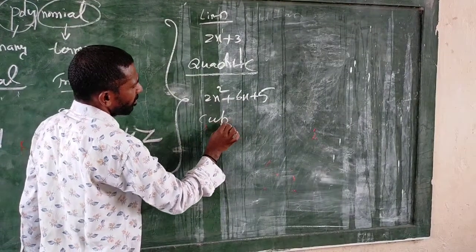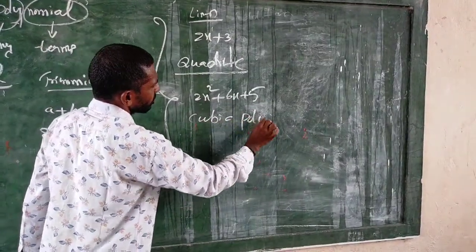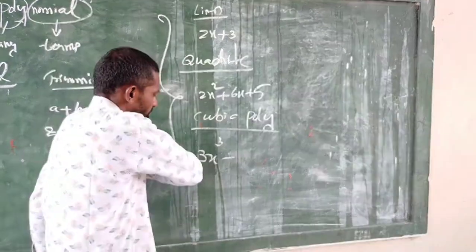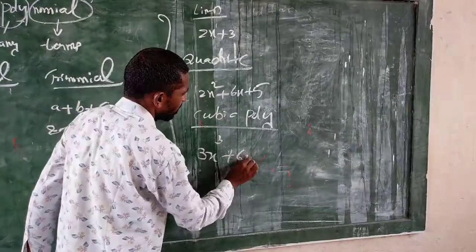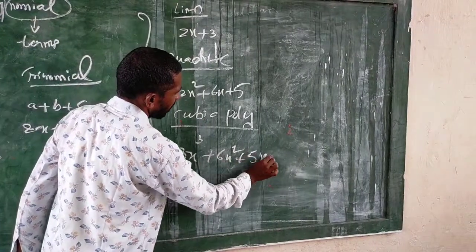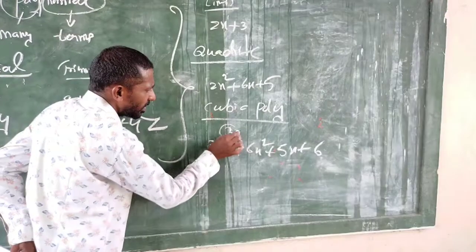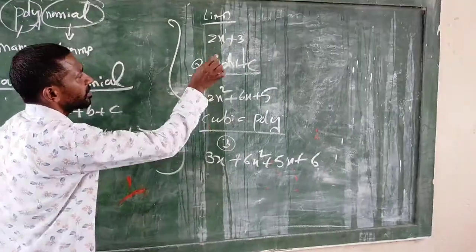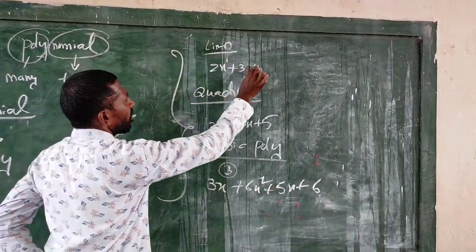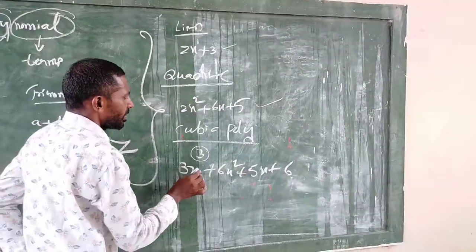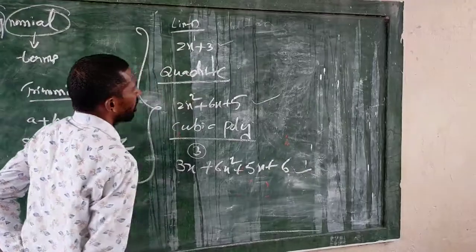And cubic polynomial, 3x cube plus 6x square plus 5x plus 6. So the highest degree, a power of 3, is called a cubic polynomial. So degree 1 is called a linear polynomial, degree 2 is called a quadratic polynomial, degree 3 is called a cubic polynomial.